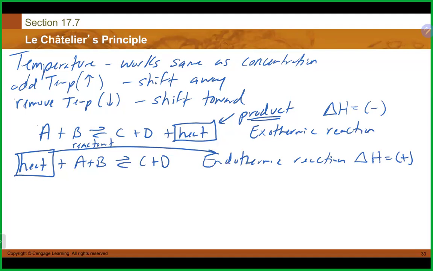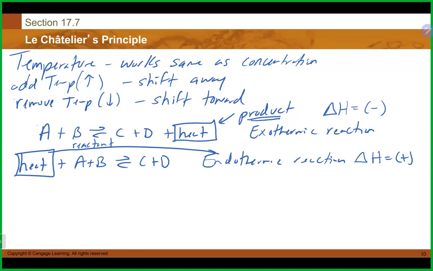So I would say that is probably the main way that you will see it represented to you. You'll have the equation. They probably won't write the heat or energy value in the equation, but they'll give you the delta H of the reaction as either being positive or negative. So what that means is if you have an exothermic reaction, and you increase the temperature, it will shift away from it.